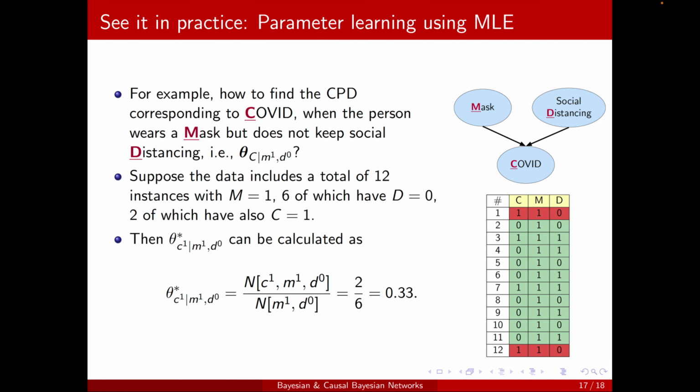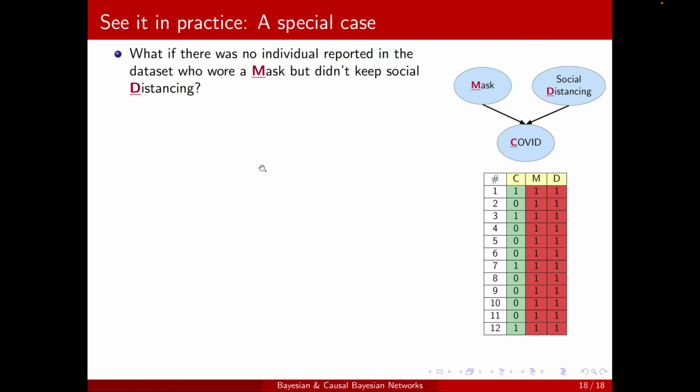I can do the same for the other CPDs, and I will get all the parameters. So in particular, C0, not having COVID conditioned on this, will be 1 minus this, and then I have all the parameters for this term. Great. Let's just have a look at a special case.